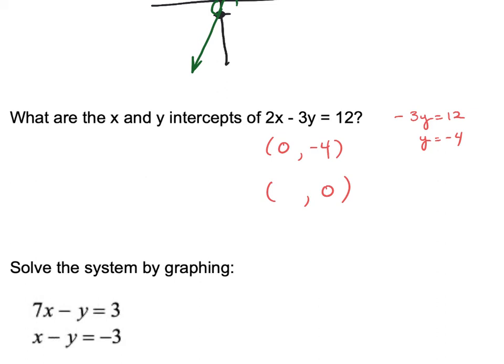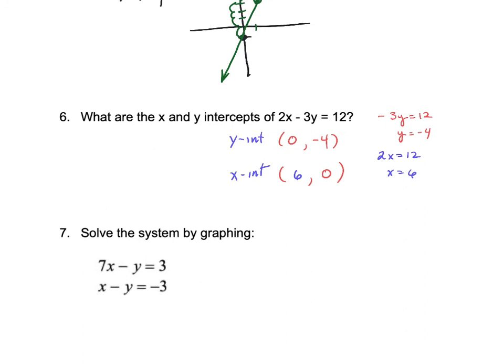Let's do the x-intercept. This time we'll let y equal 0. So -3 times 0 is 0. So 2x equals 12. Divide by 2. X is 6. There we go. X-intercept and y-intercept. Or I should say y-intercept and x-intercept.